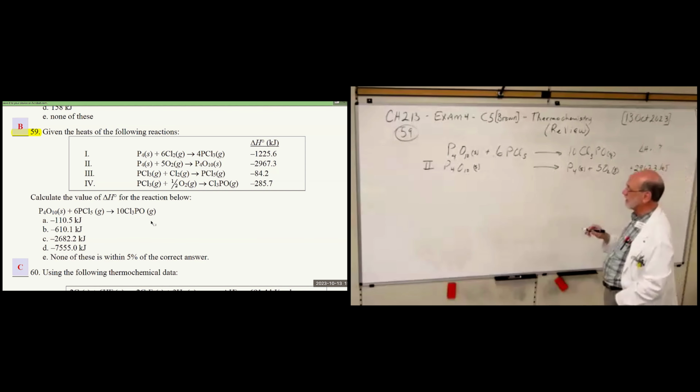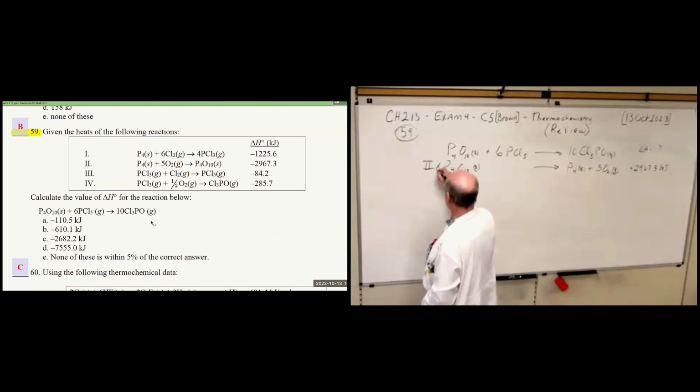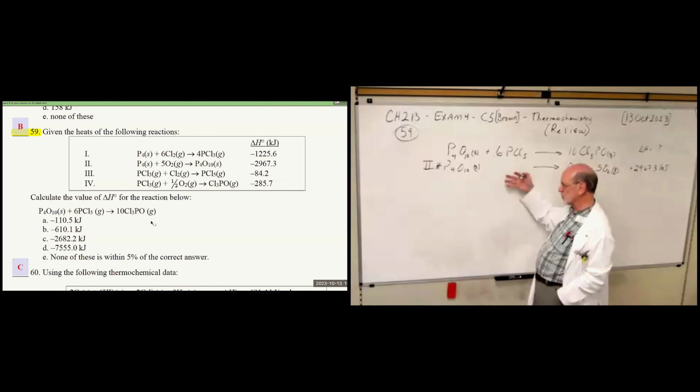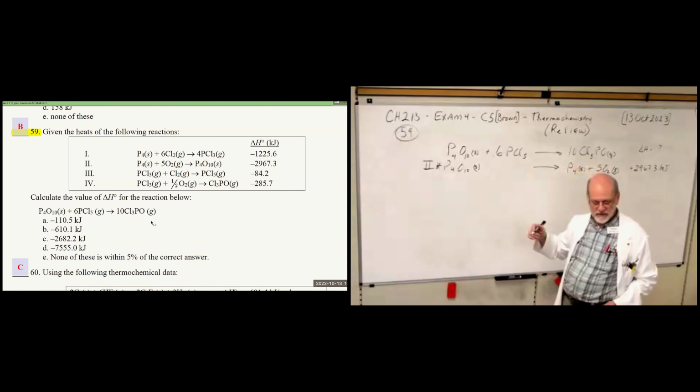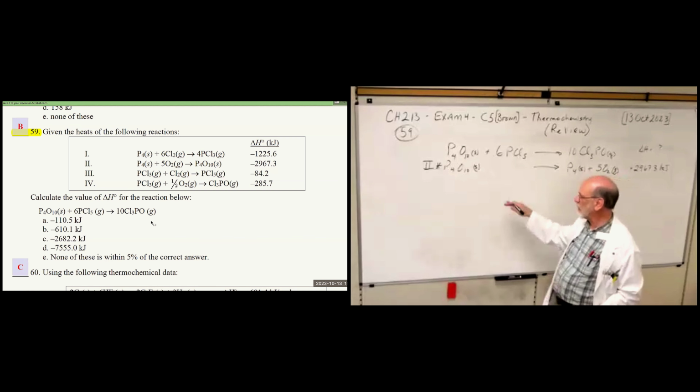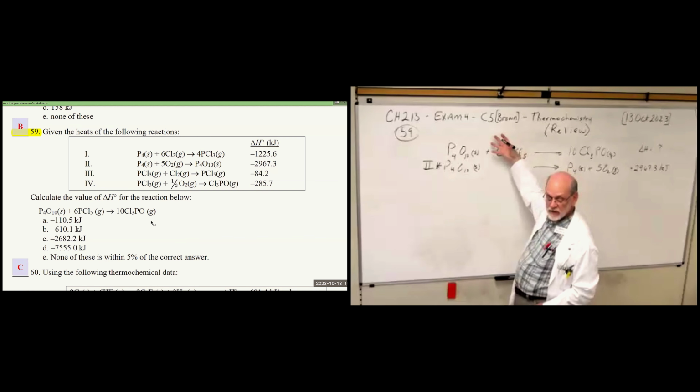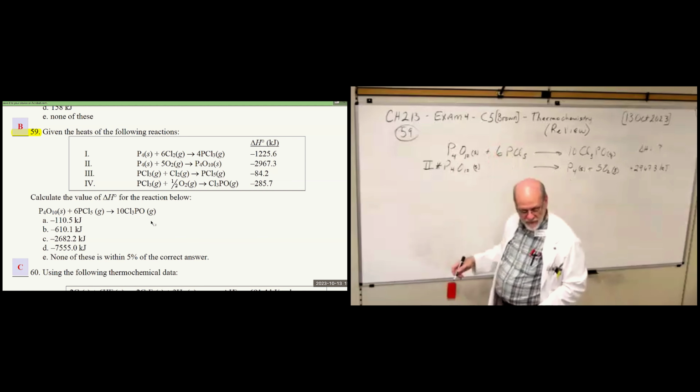Positive. Okay, we're going to use this one. I always put an asterisk there because when we have all these lined up, if we do changes, I don't want to use one that's not supposed to be. So I mark this one as the one that we're going to use to add together in Hess's law to make that one.